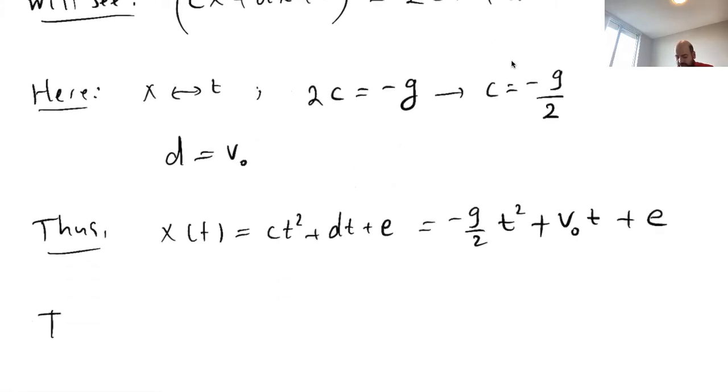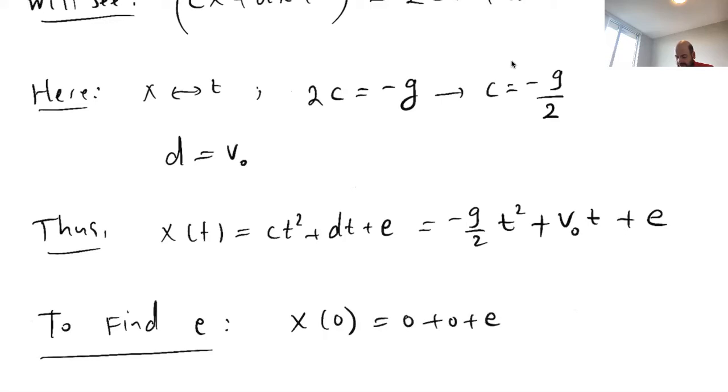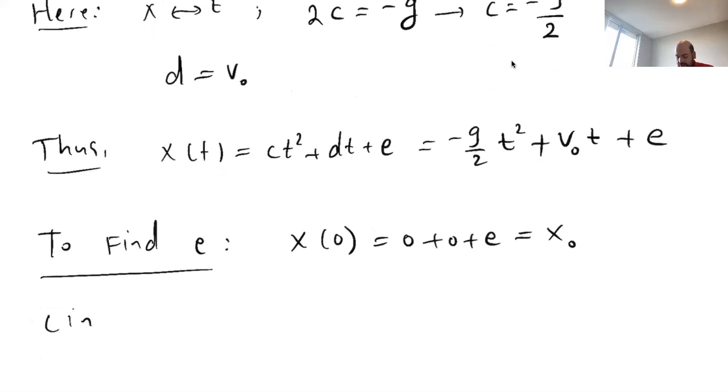Again, to find e, we can use x of 0. x of 0 will be 0 plus 0 plus e, and this should be x0, which denotes the initial position.